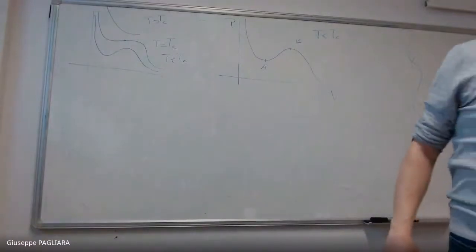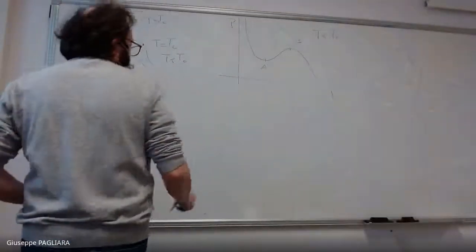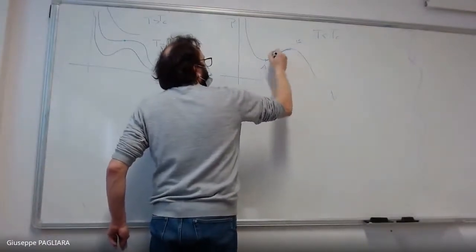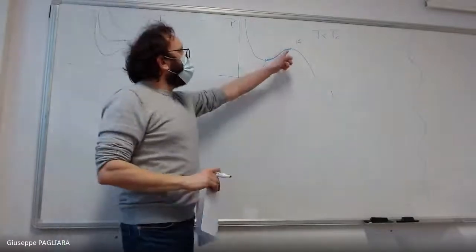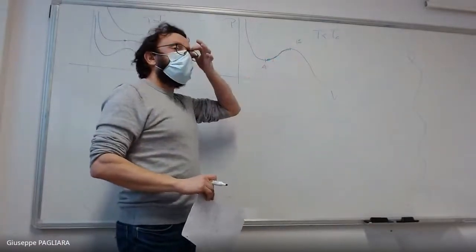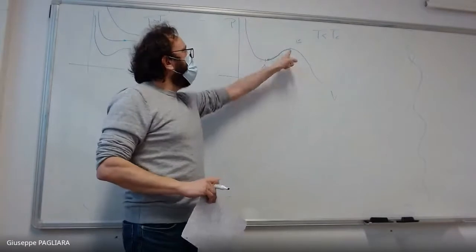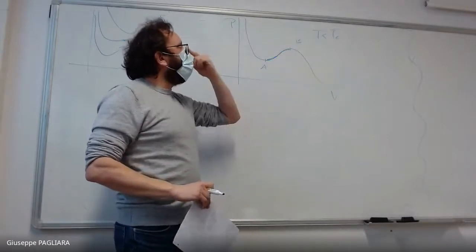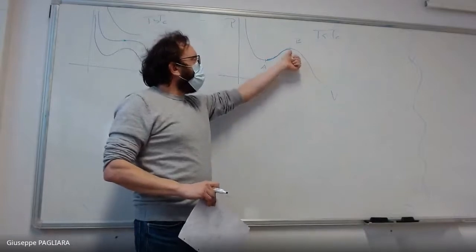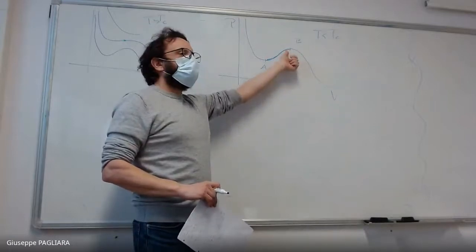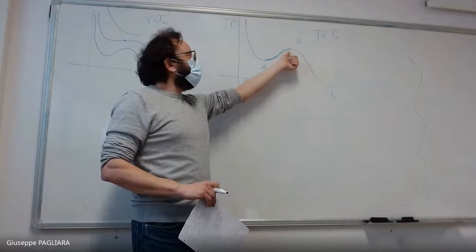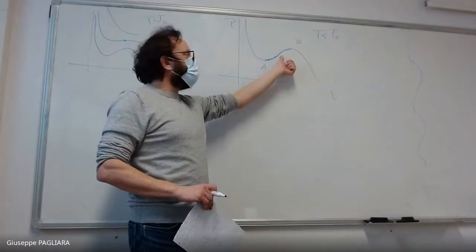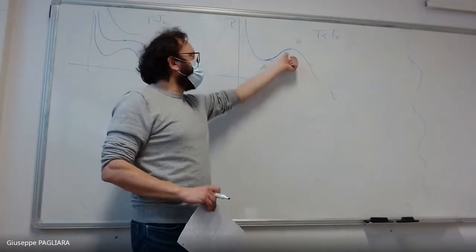Actually, this is weird in the sense that if you look at this region here and you try to go from B to A, it seems that when moving from B to A at fixed temperature, if we compress the gas, so if we reduce the volume, then also the pressure is reduced. In all this region that is what happens.